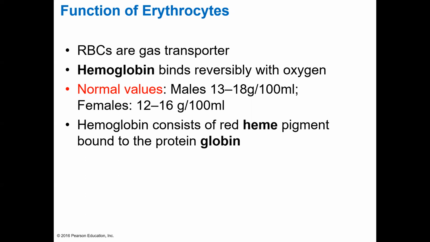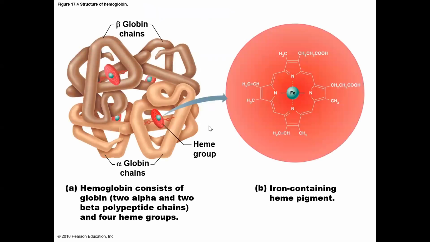In the tissues, the hemoglobin will let go and deliver the oxygen, because in that area the oxygen concentration is very low. So when there is high oxygen concentration, hemoglobin binds oxygen very tightly, as in the lungs. Whereas when there is low oxygen concentration, the hemoglobin loosely binds to the oxygen or lets go of it so it can be delivered into the tissues.